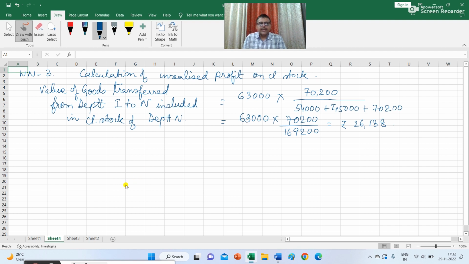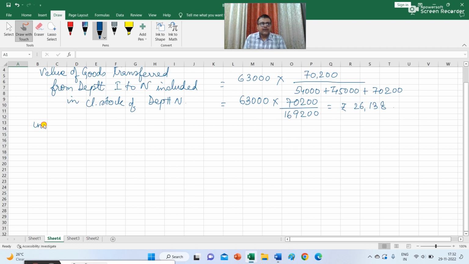Now we have to calculate the unrealized profit in the closing stock of department N and department K. So here I am writing unrealized profit of I in the stock of N. So 26,138, multiplied by 30 and divided by 130, because Department I transferred goods after adding a markup of 30% on the cost price.